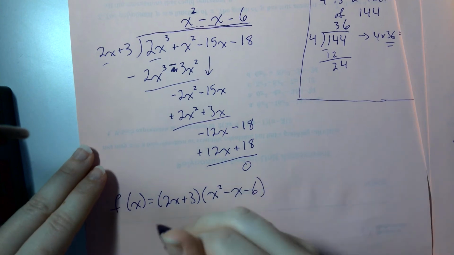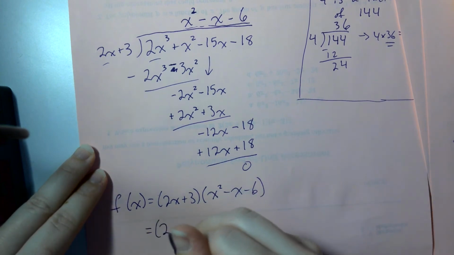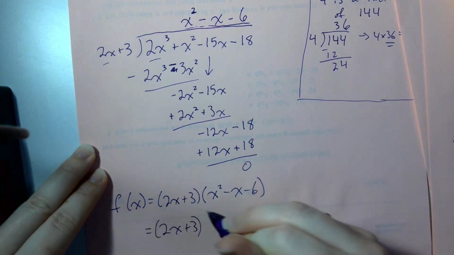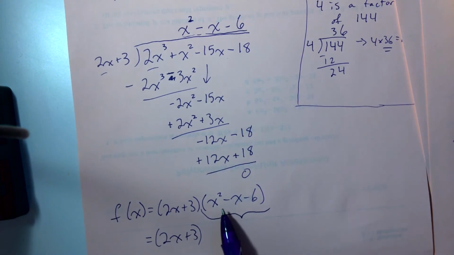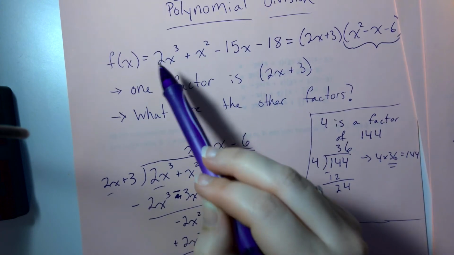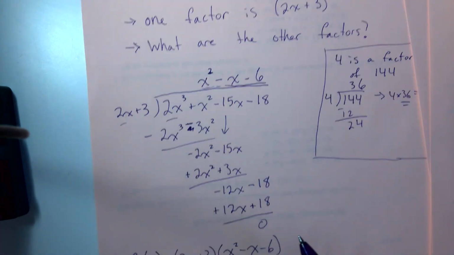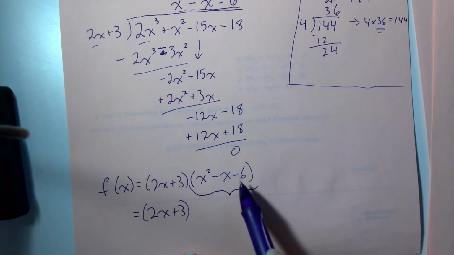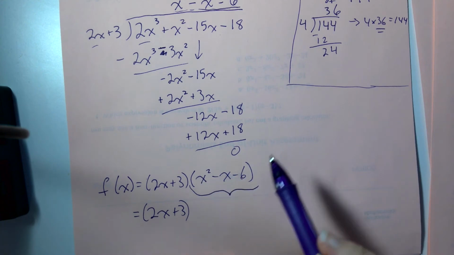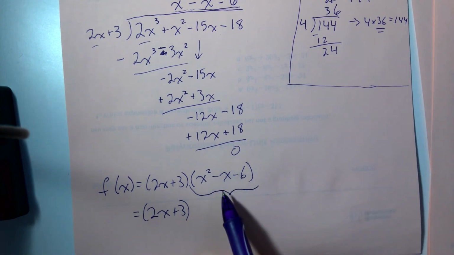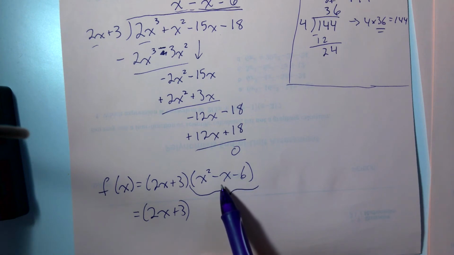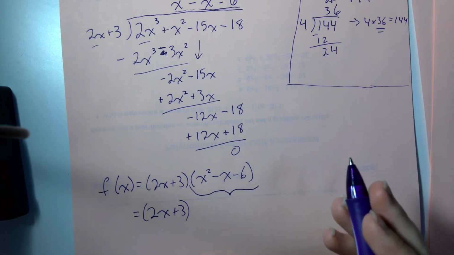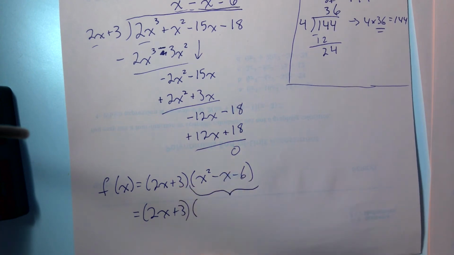Now if we factor this, it's a little easier to factor than the whole thing was. If you think back to math 2, we can factor this quadratic expression by thinking what multiplies to negative 6 and adds to negative 1.